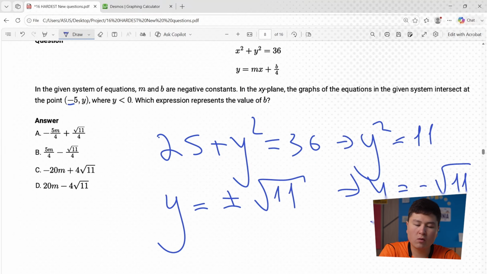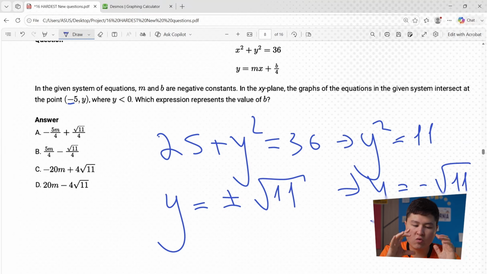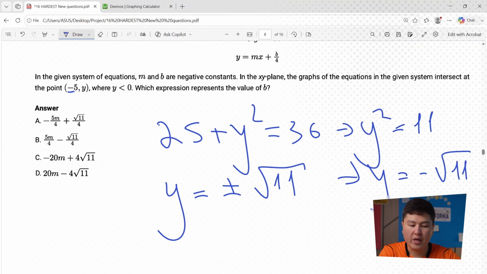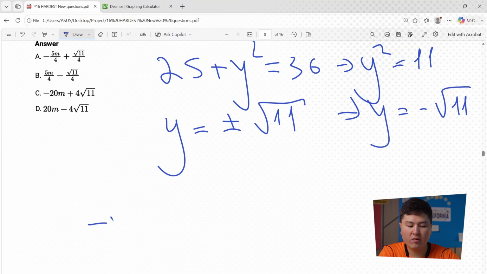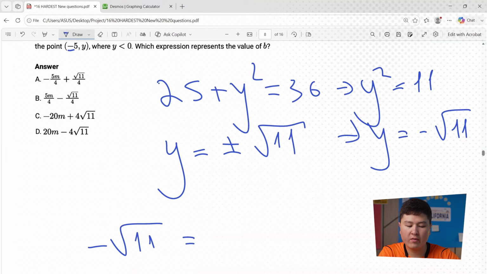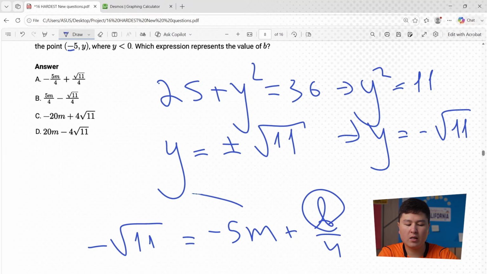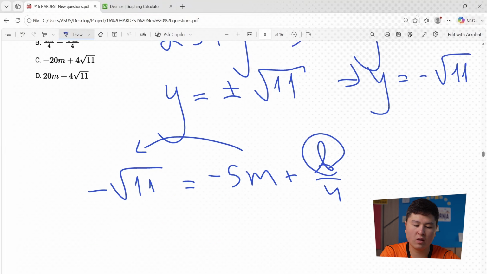And we know the x value, so you can just plug into the second equation to find the value of b. So here we have negative root of 11 equals, instead of x, I'm using -5, so (-5m plus b) divided by 4. And to find the value of b, first move that -5m to the left side.